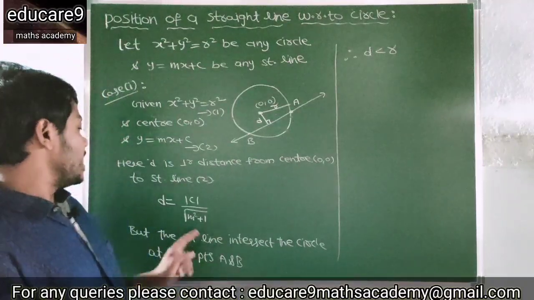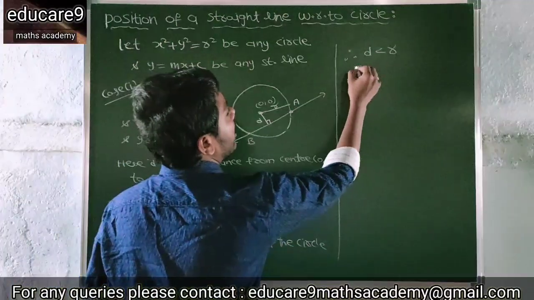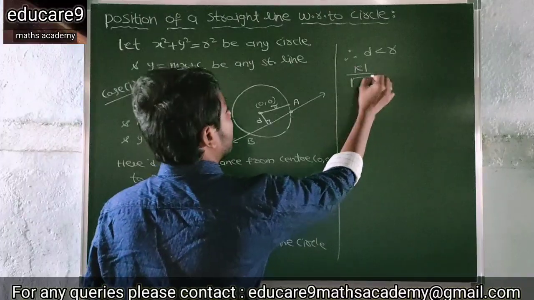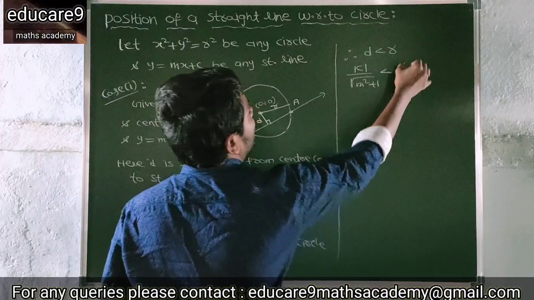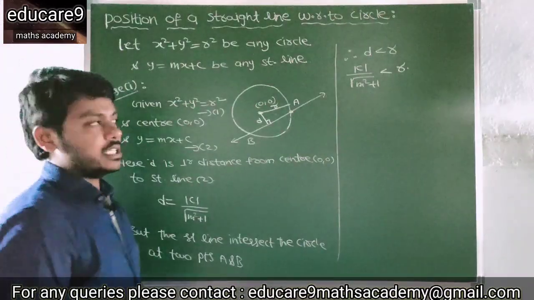So but what is d? Mod c by under root of m square plus 1 is less than r. So this is the first case.